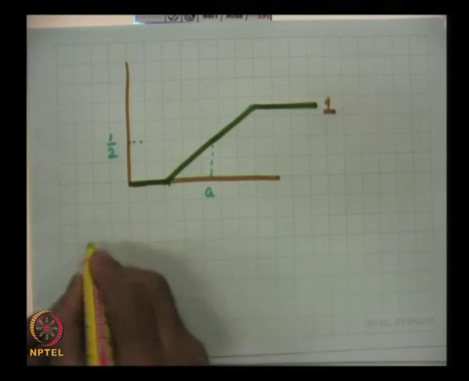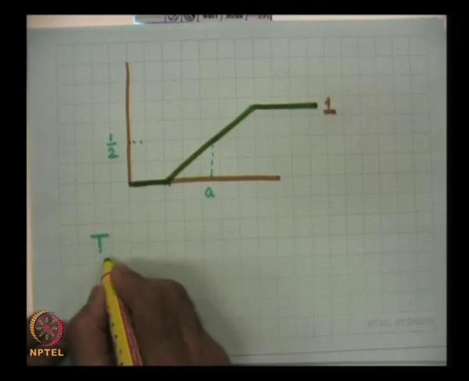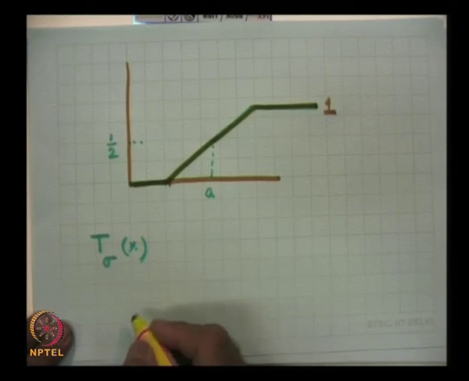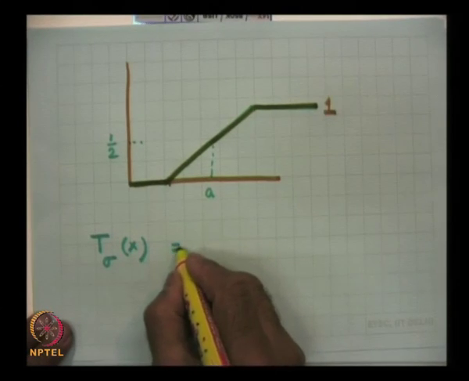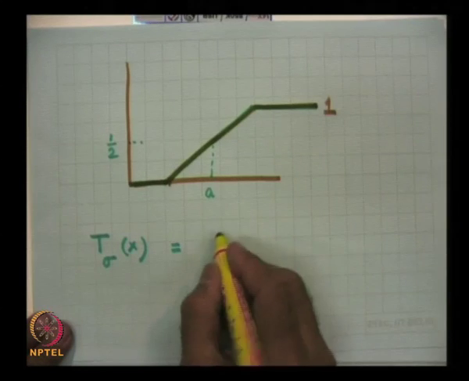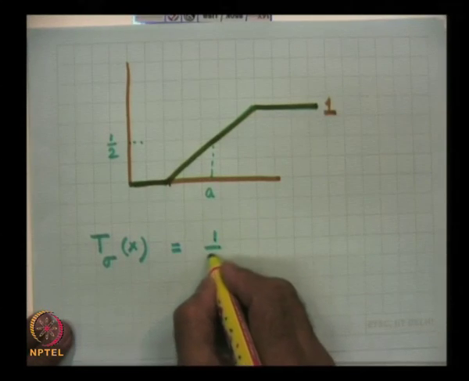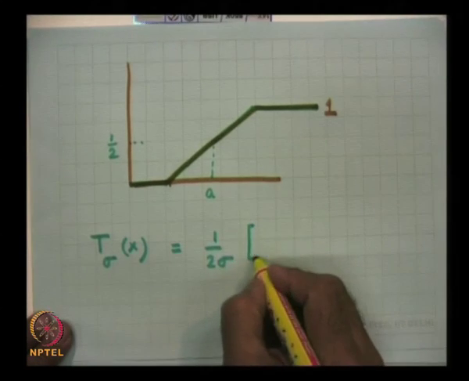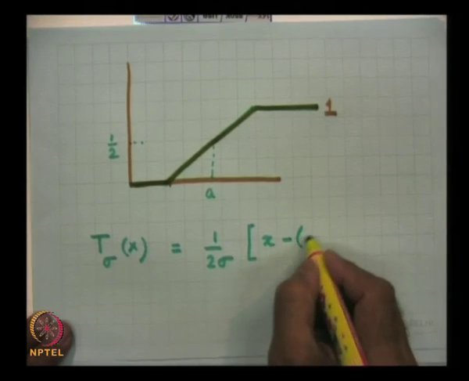So, if the ramp function is defined as T sigma of x, then I write that this is equal to 1 over 2 sigma times x minus a minus sigma.